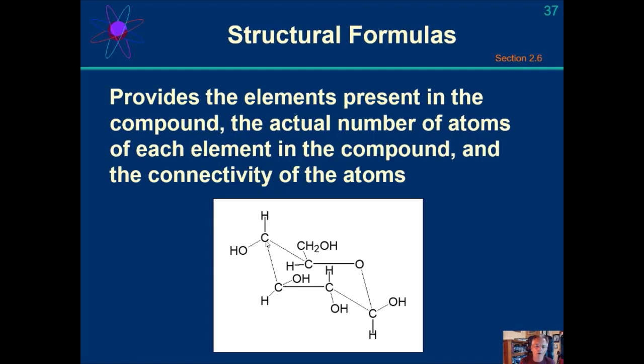But now it's showing you how they're connected to each other. And this is going a step further. It's even giving you the conformation of the structure. You can see that this conformation looks a little like a lounge chair that you might have at the beach. And so we call that the chair conformation.